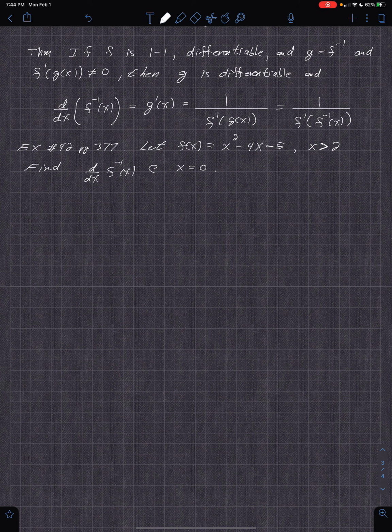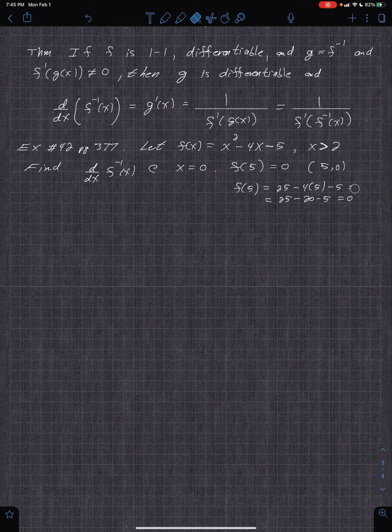And so f of 5. Why do I know f of 5? This is given. f of 5 is equal to 0. So that is 5, 0. Okay, so that would have been given. All right, so I actually worked it out. f of 5 is 25 minus 4 times 5 minus 5, and that's 25 minus 20 minus 5, which is equal to 0.